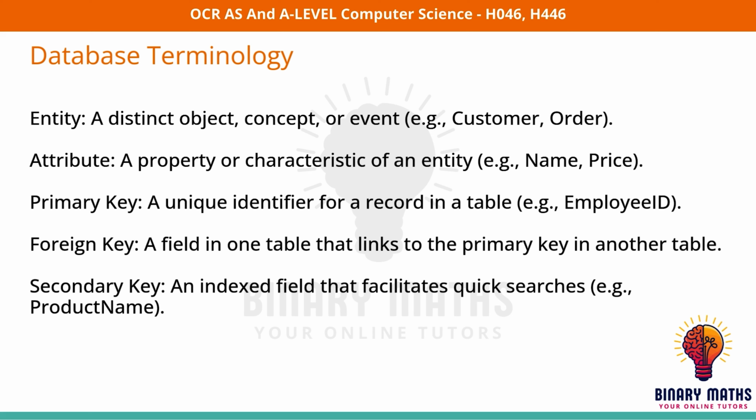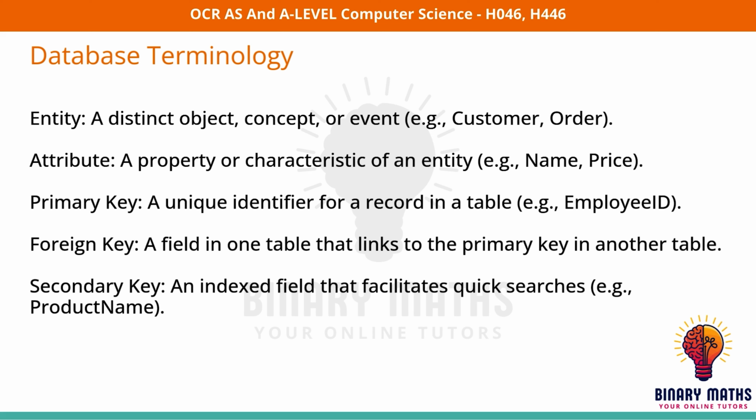Then there's the primary key. This is a unique identifier for each record in a table. For example, in a students table, each student might have a unique student ID. This ensures that no two students have the same ID, which helps prevent confusion and errors. We also have foreign keys.